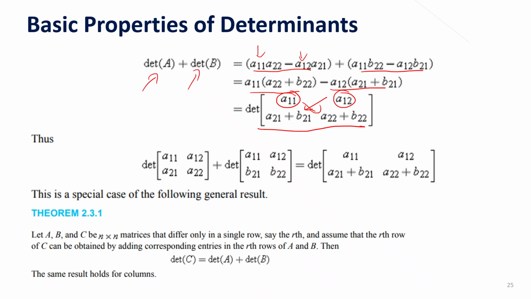So if you have a matrix C where one of the rows is equal to the summation of matrix A and matrix B, then to calculate the determinant of the new matrix C, you can just add the two determinants of A and B.